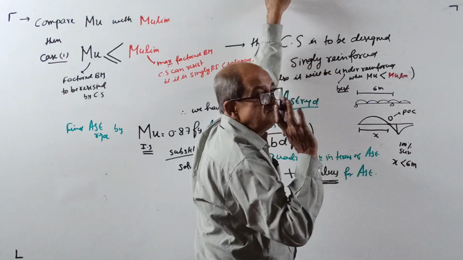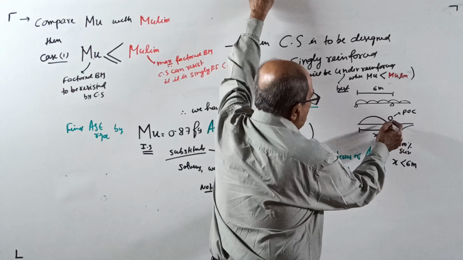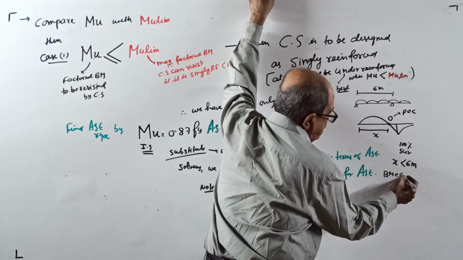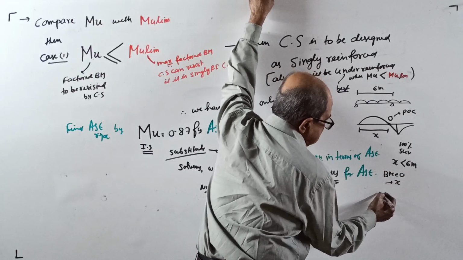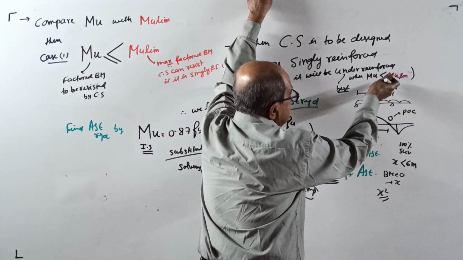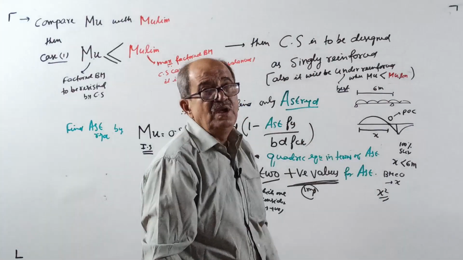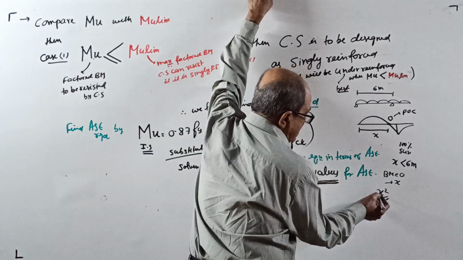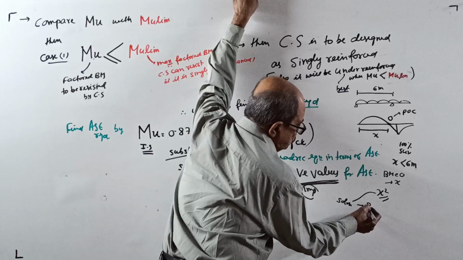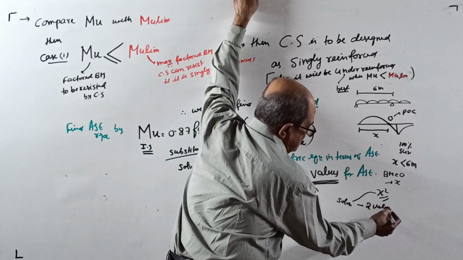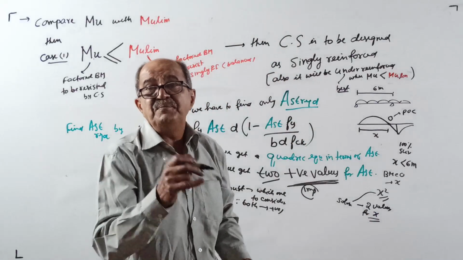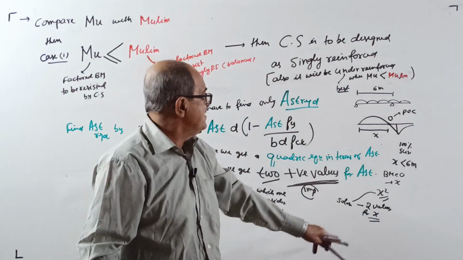That is guaranteed. Now, how to locate it? You write the expression for bending moment at O in terms of X, where X square will come: reaction into X minus UDL into X by 2. It will give a quadratic equation in X. Solving, you will get 2 values for X. Remember, this is a structural basic subject, not your RCC.